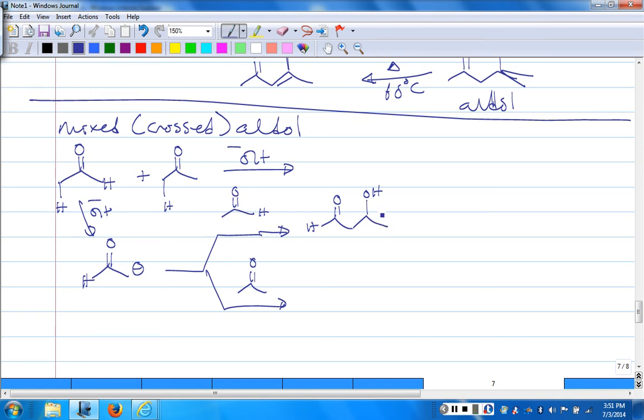So that's one product. But of course, that enolate can attack acetone, and if it does, it'll make the aldol, which is the beta-hydroxy carbonyl compound. These carbons, 1, 2, are these carbons, 1, 2.